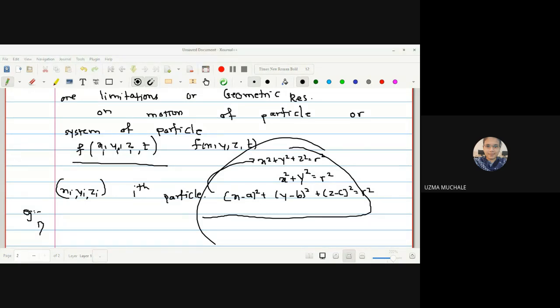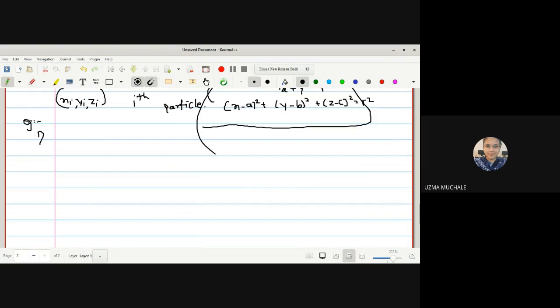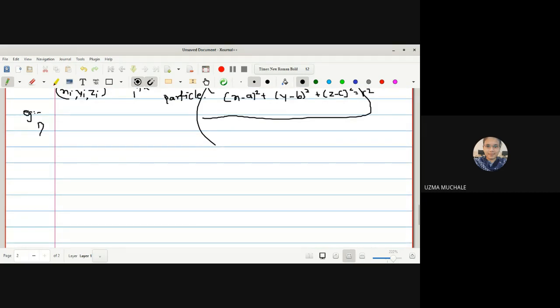Any doubt up to the definition of a constraint? I hope no doubt. Let me go to the next point: examples of constraints.